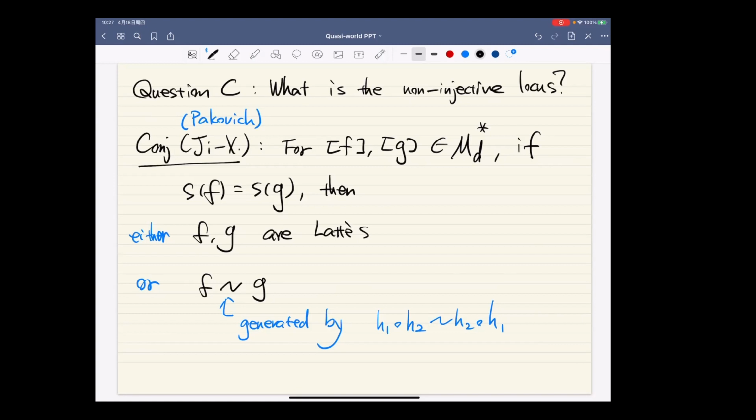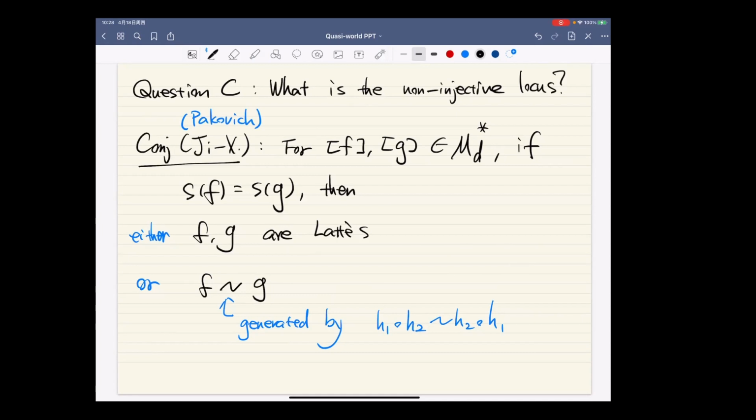So for f and g in M_d star, if f and g have the same multiplier spectrum, we guess that the reason that f and g have the same multiplier spectrum comes from exactly the reasons in the examples we know.